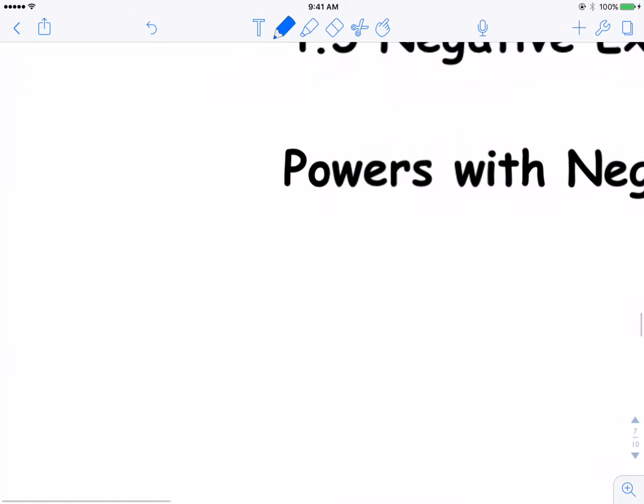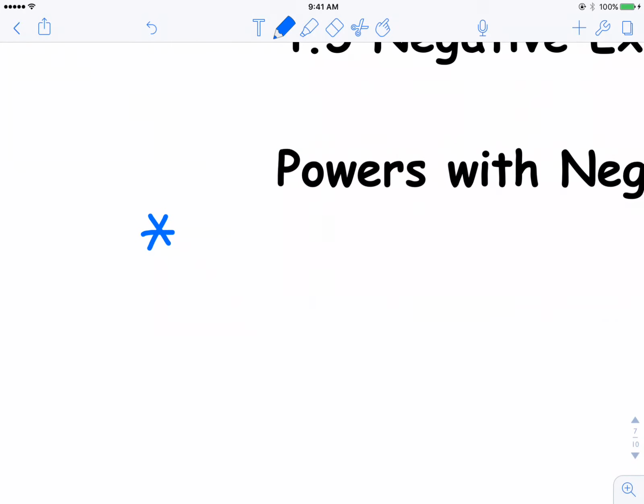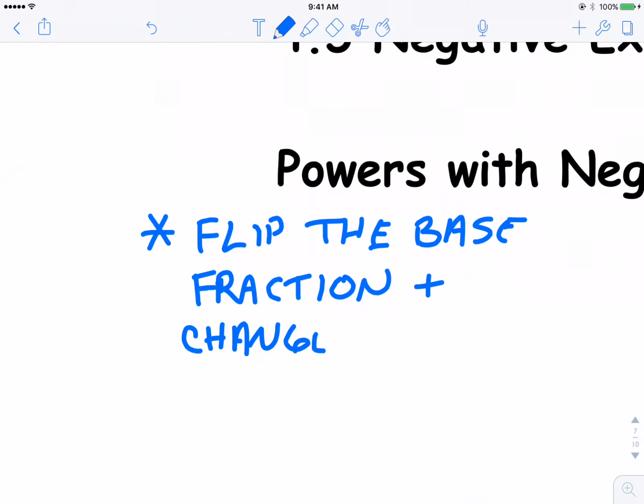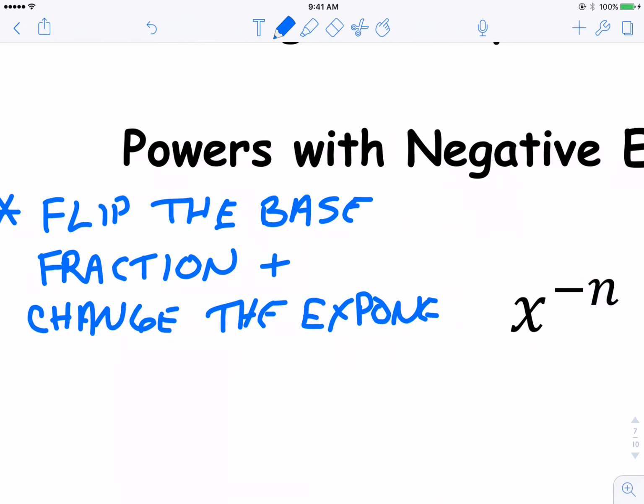With negative exponents, you have to remember to flip the base fraction and change the exponent sign to positive. And that'll make sense in a second here.